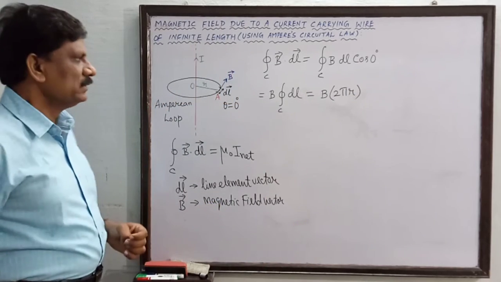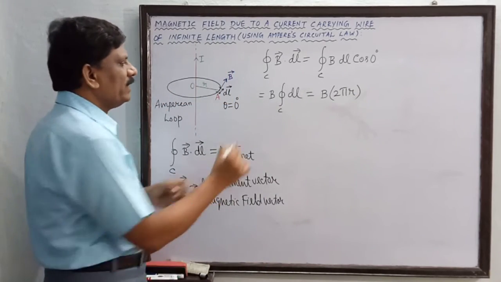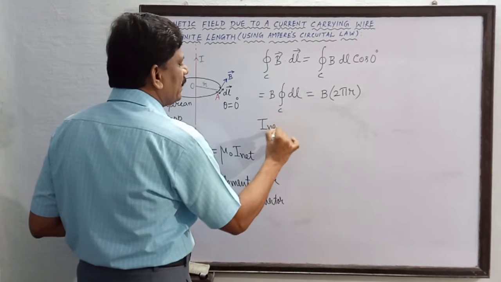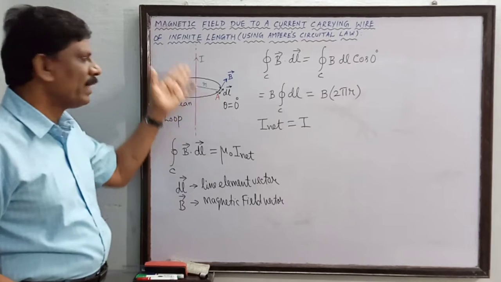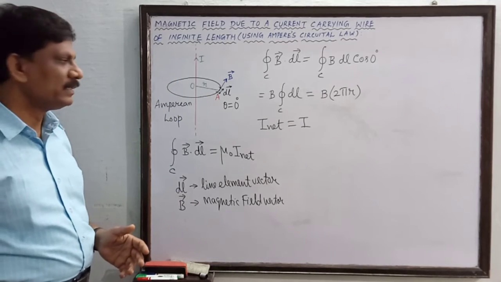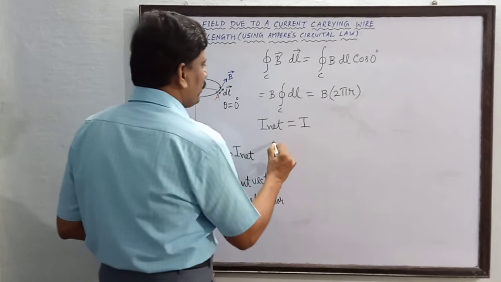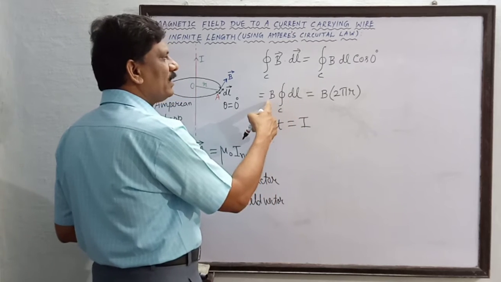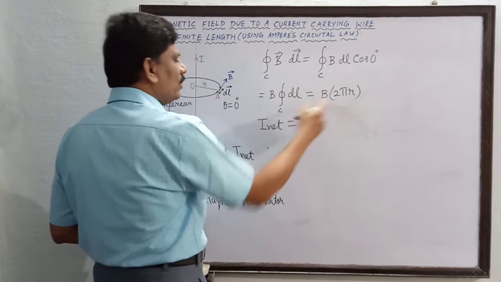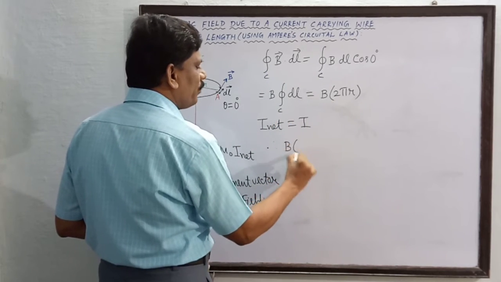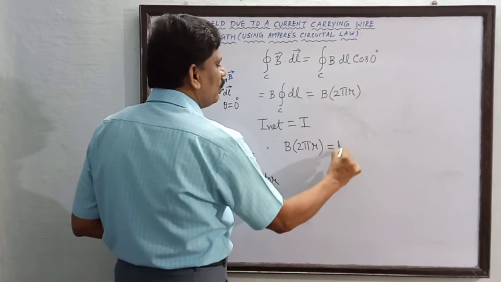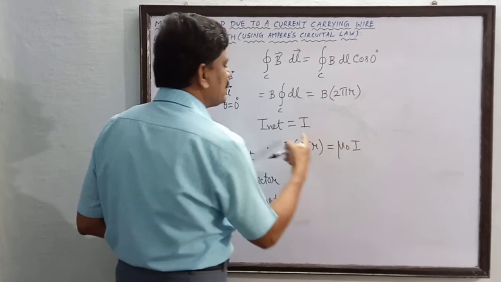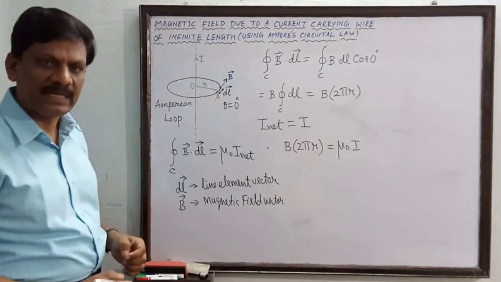Now, the right hand side is mu naught into I net. See here, the net current is nothing but the actual current which is flowing through the Ampere loop. Therefore, I am going to substitute: the left hand side is B into 2 pi r, and this is equal to mu naught into the net current, which is the actual current flowing through the conductor.